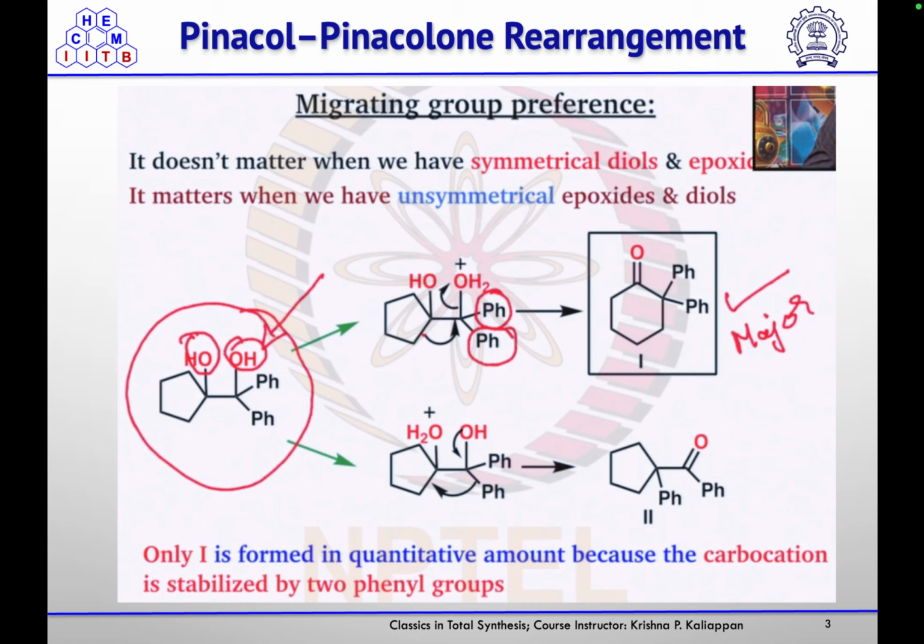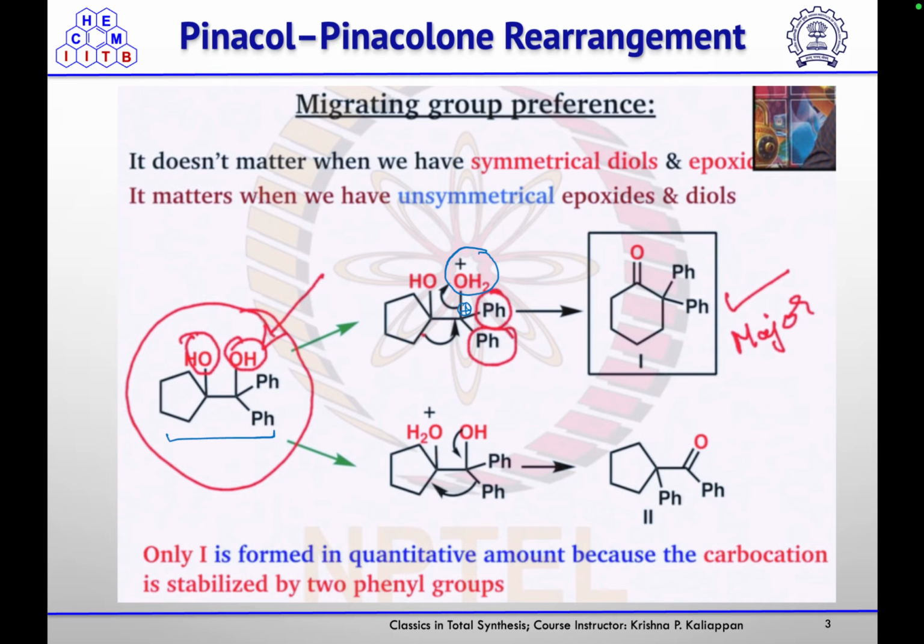So if you have this diol and you are treating it with acid, this particular water molecule is leaving because the carbocation generated at this position is stabilized by resonance of the two phenyl rings attached at that position. That is the driving force for the removal of that water molecule.